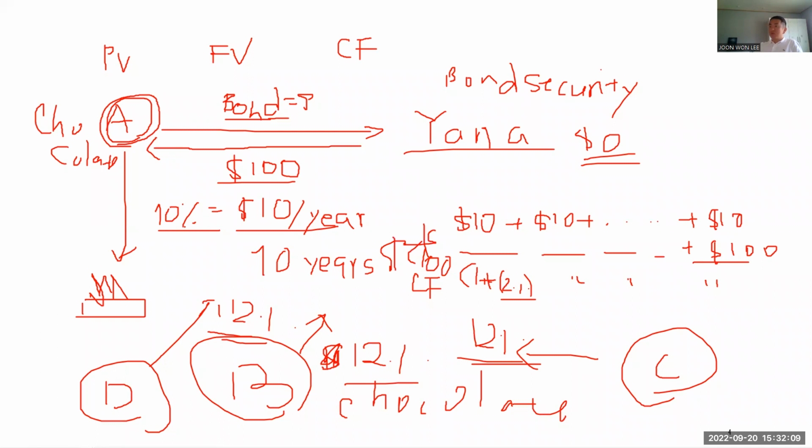Because the coupon rate is 10% but the market interest rate is 12%, 2% higher. If the market interest rate was 10%, then the value of this bond would be the same as the par value, right? Okay. So we know this market interest rate, and that's why we could make a valuation of this bond and get the present value of this bond based on the cash flows.